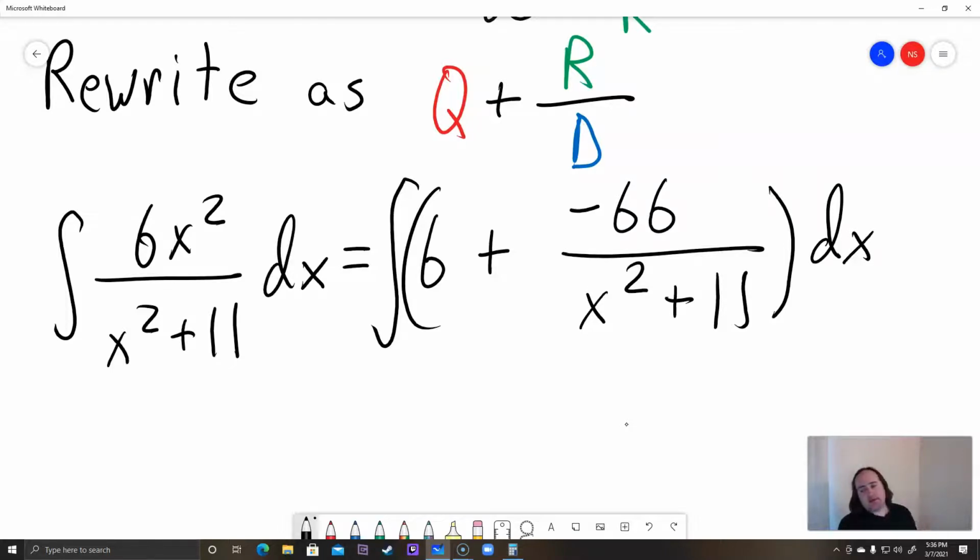And yes, if you want to save time, you can use a calculator if you have a calculator that's advanced enough to do long division for you. But I think that takes the fun out of it, so I wanted to do it by hand.